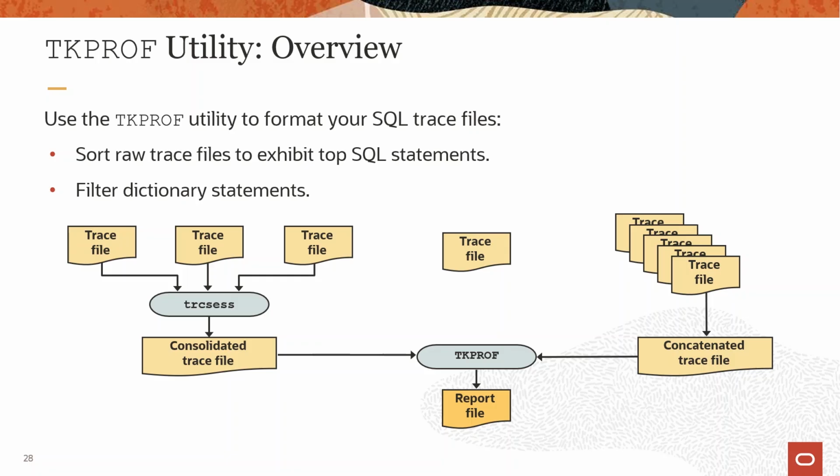No, it's going to read a trace file, format it, and the output will be stored in a separate report file. The resultant file contains the most resource-consuming SQL statements at the start of the file. Now, if you're going to use the tkprof utility, there are several options that can be specified.